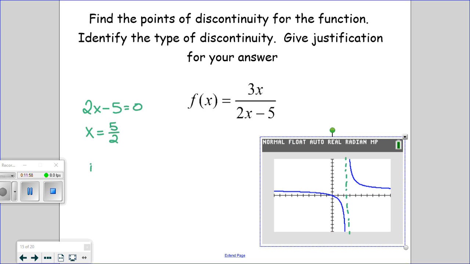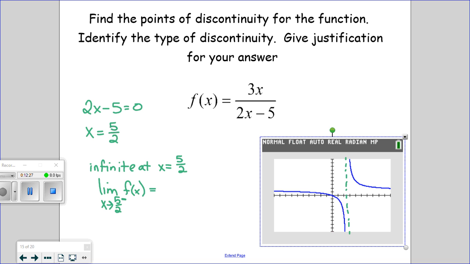So we would start out with infinite discontinuity at x equals 5 halves. And then my justification is I would look at that picture, and my justification for infinite discontinuities is the right-hand limit or the left-hand limit or both are headed towards an infinity. So the limit of f of x as x approaches 5 halves, and let's go from the left.